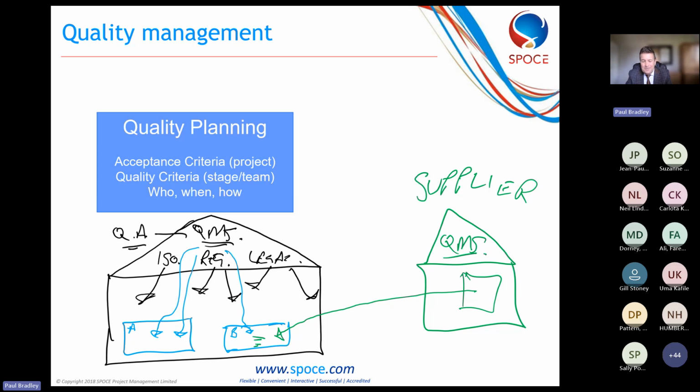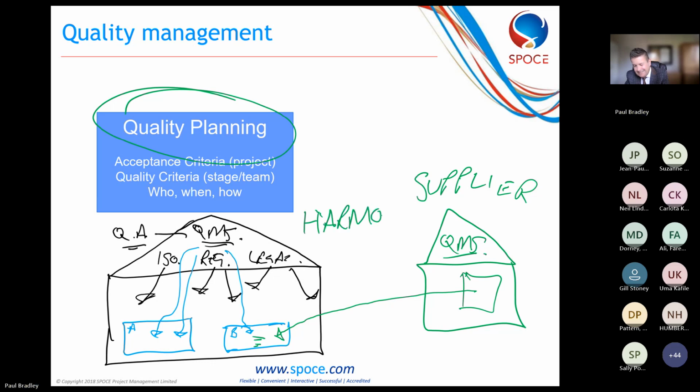So as part of quality planning, we need to make sure we've got harmony between the 2 quality systems.